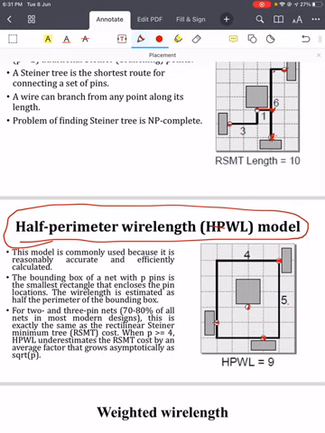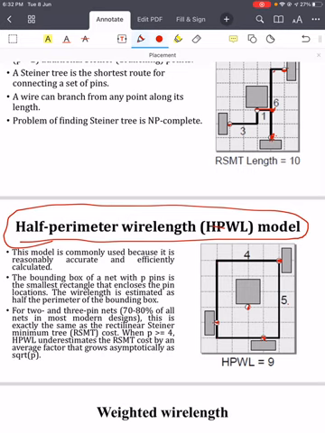We get this from the half perimeter wire length model. The half perimeter wire length model actually gives a reasonably good estimate of the wire length, particularly for 2 and 3-pin nets.